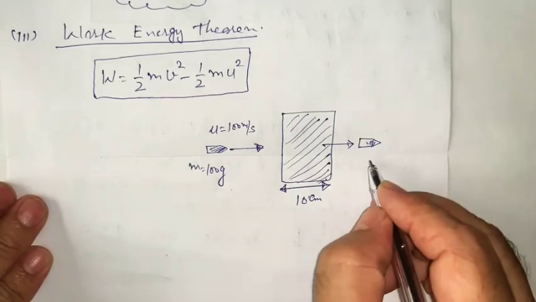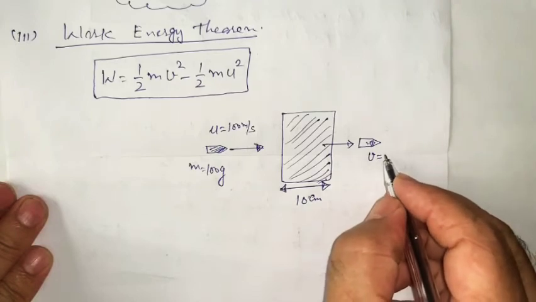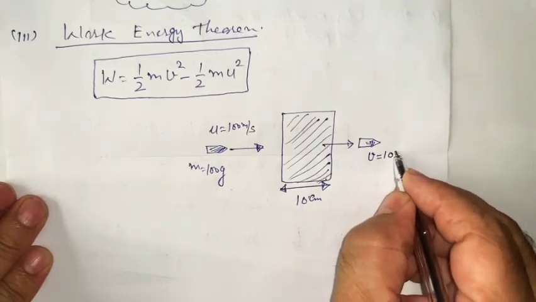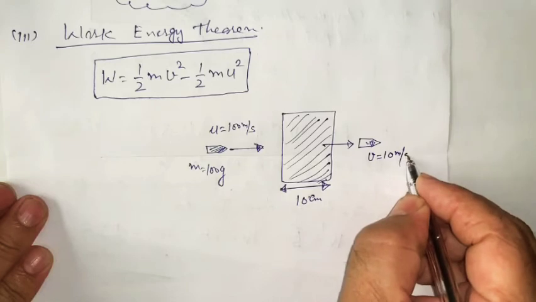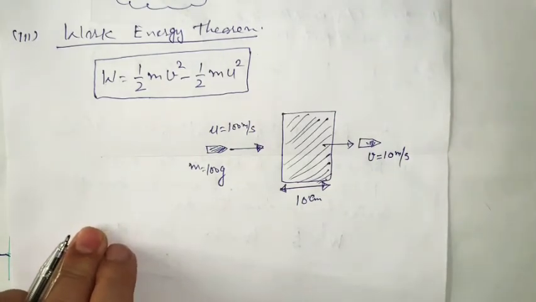If the speed of the bullet coming out from the plank is 10 meter per second, how much work is done in this concept? You can calculate.